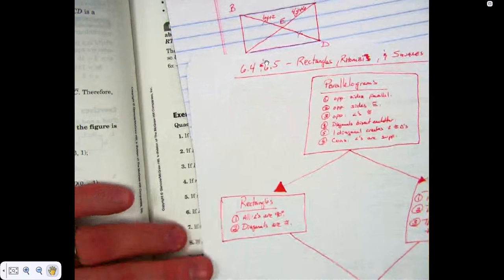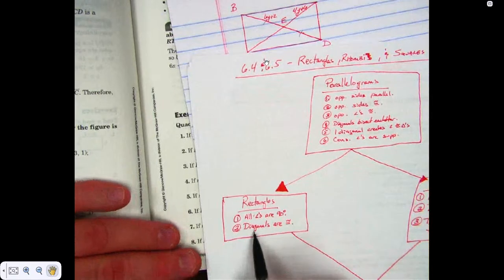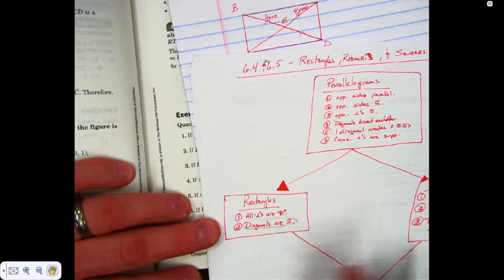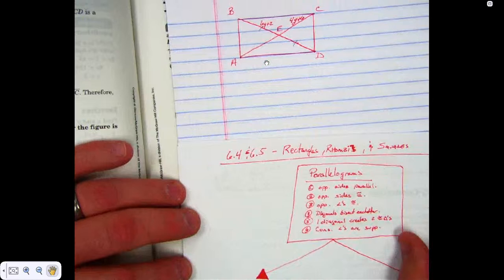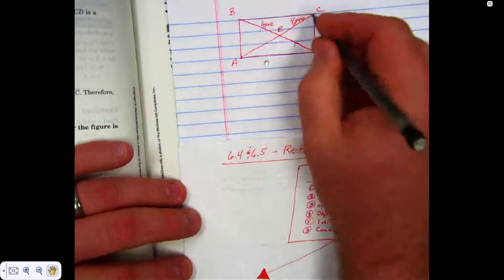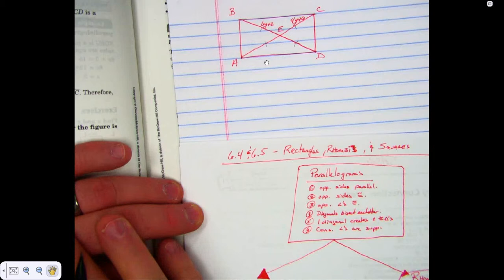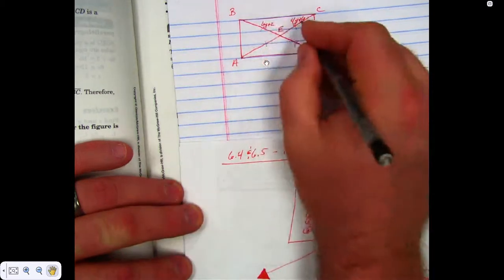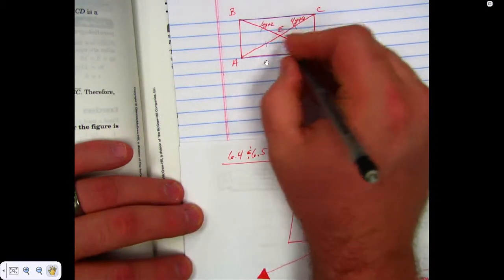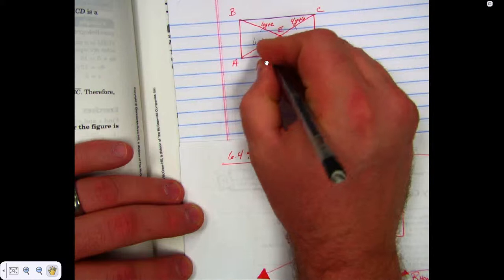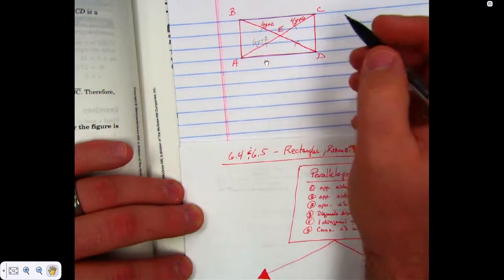However, the nice thing about rectangles, what's also true? The diagonals are congruent. So if this whole thing is congruent to this whole thing, then when it cuts itself in half, aren't all the halves going to be equal? So if this is 6y plus 2, this is 6y plus 2. Everyone agree?